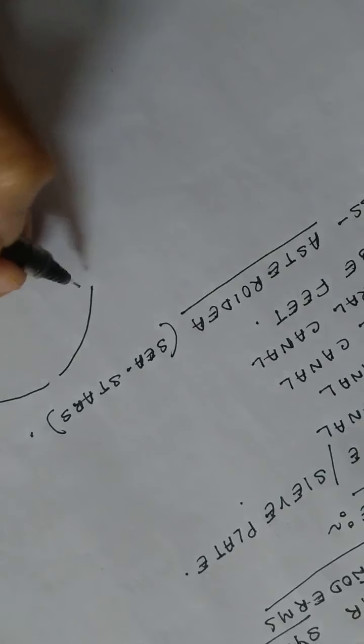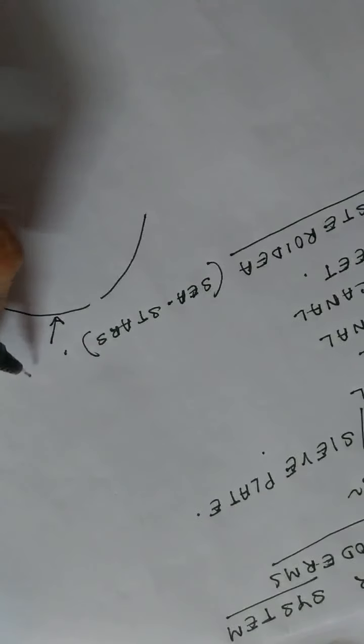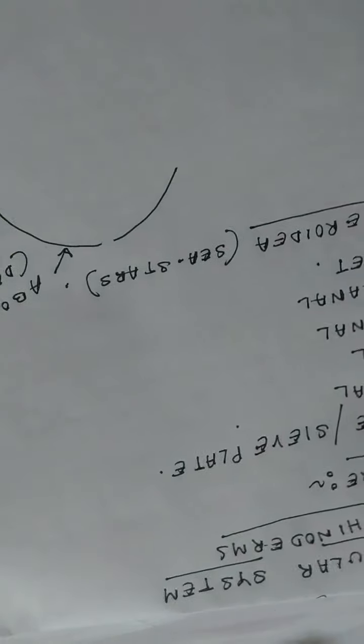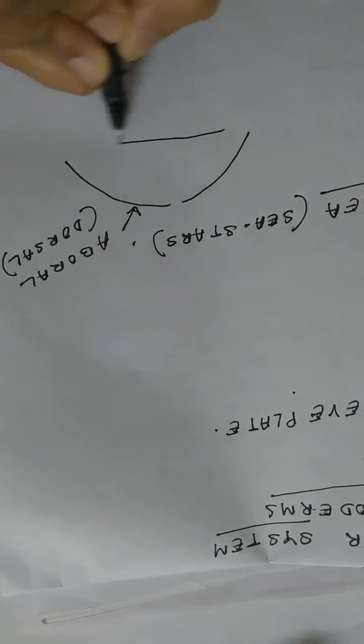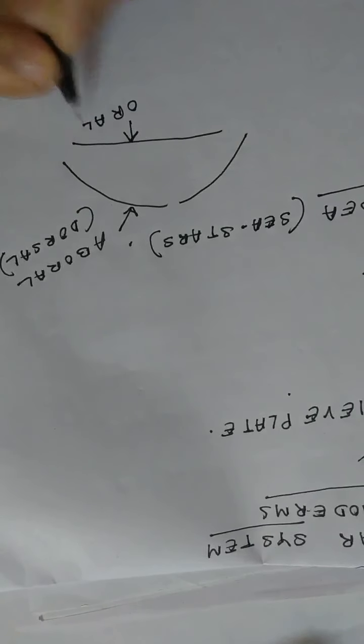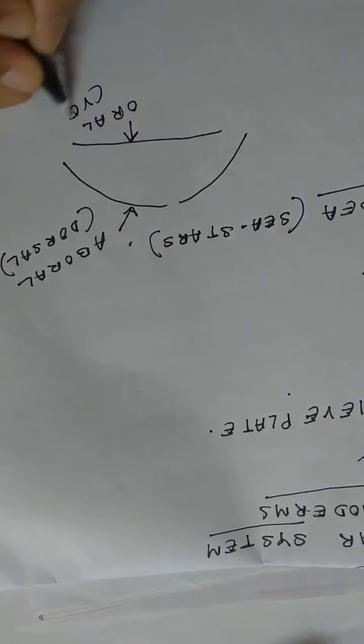The aboral surface is basically the dorsal surface in case of the Asteroidea. Okay. And the oral surface is the ventral one.